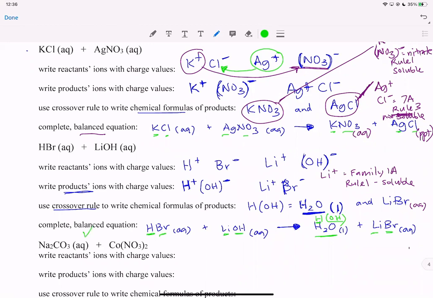Okay, so that's balanced. Then this next example is Na2CO3, writing those ions. I recognize this as CO3. When I split this apart, it's Na plus and CO3 minus. The subscript 2 gets picked up and pulled over, and it becomes a 2 on that CO3 2 minus, which is the carbonate ion.